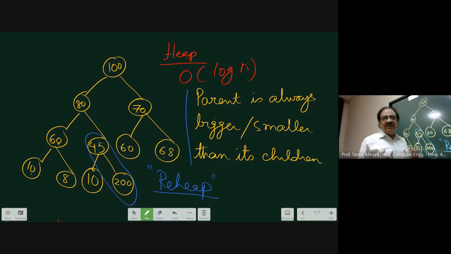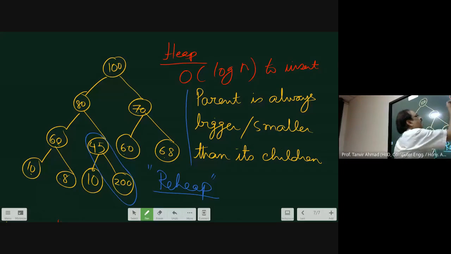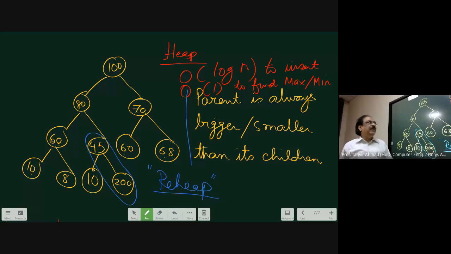And to get the biggest number, the heap will take order of 1 time to find max. To find max or to find min, you require only order of 1 time.